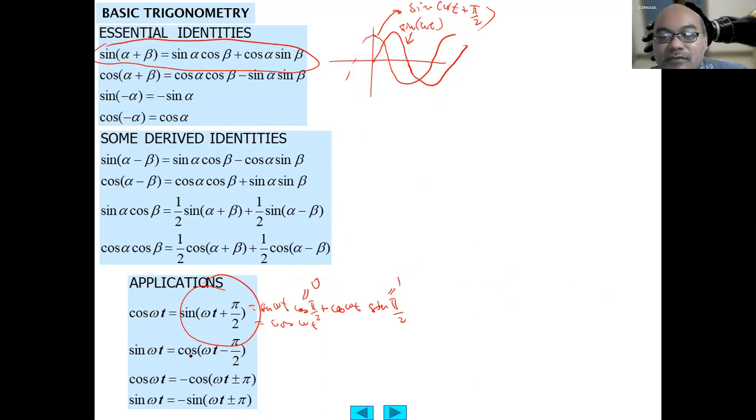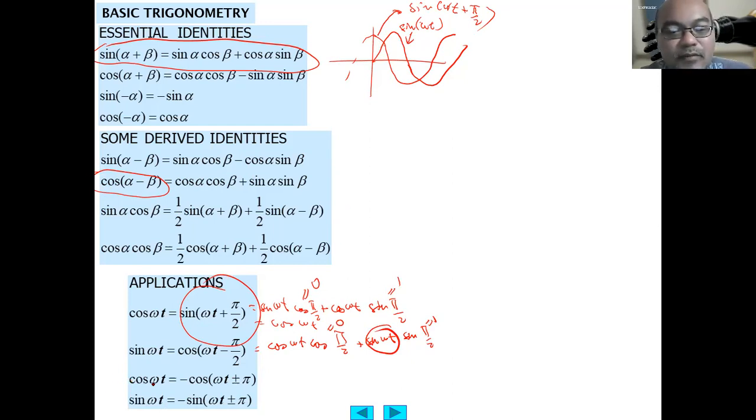So sine omega t equals cosine omega t minus pi over 2. Or if we use the essential identity, this equals cosine omega t cosine pi over 2 plus sine omega t sine pi over 2. This equals 1, this equals 0. So we obtain sine omega t.